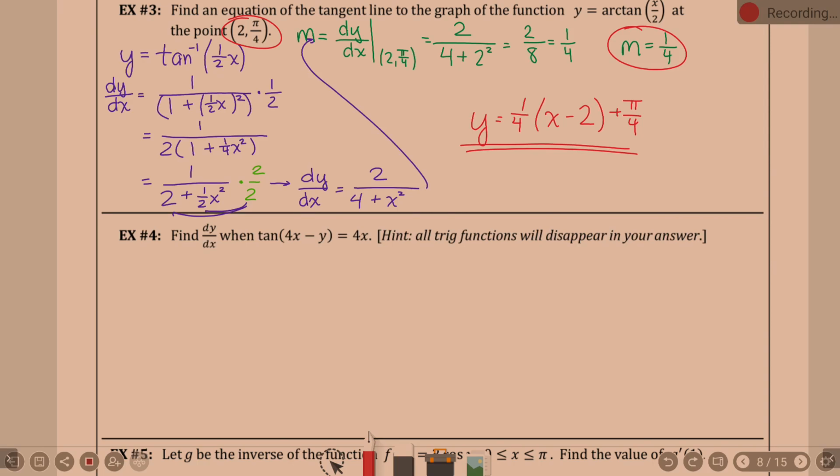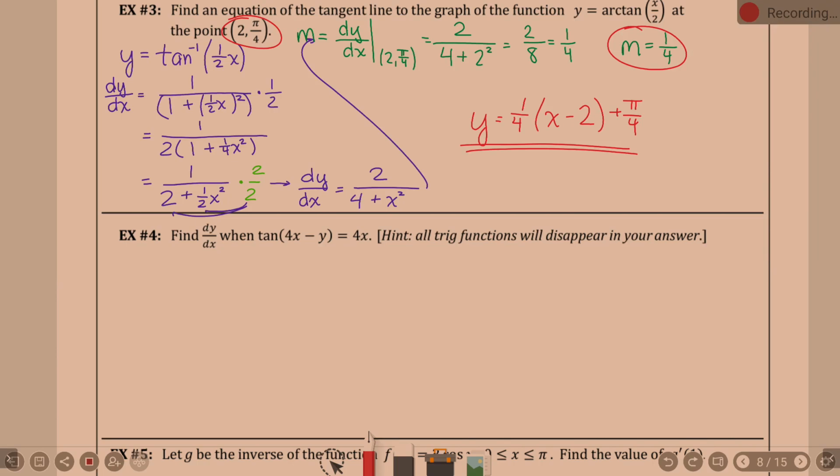How do we get rid of a tangent? We can take the inverse of it, with the idea that an inverse and a function will cancel each other out. Could we divide the 4x minus y? Nope, because it is the inside of tangent and it's connected to it.